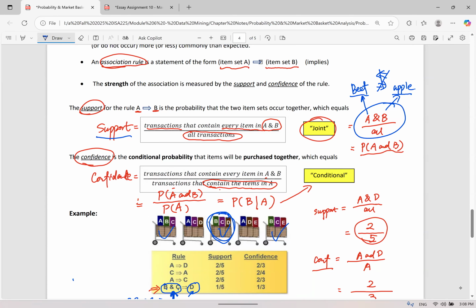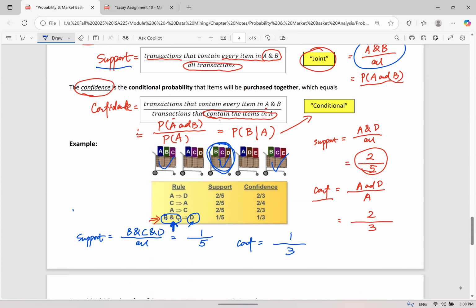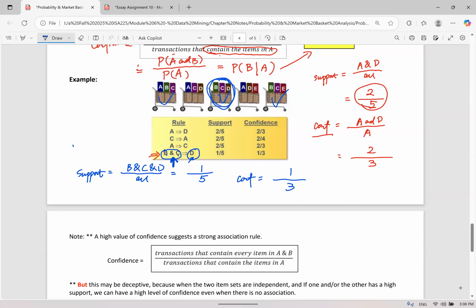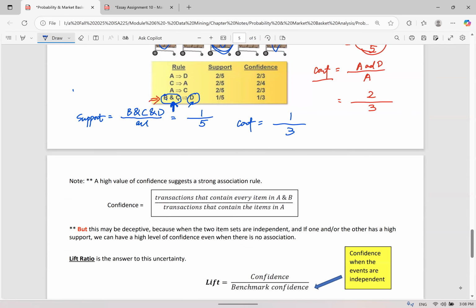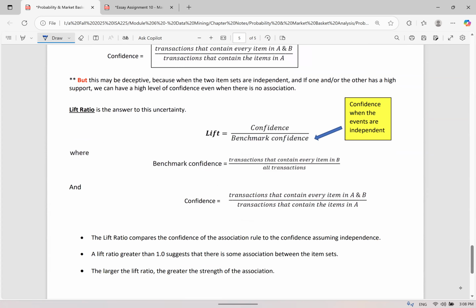But it doesn't mean these two items have strong association. So in this case, using support and confidence to measure the association is not quite enough, especially for some special cases.